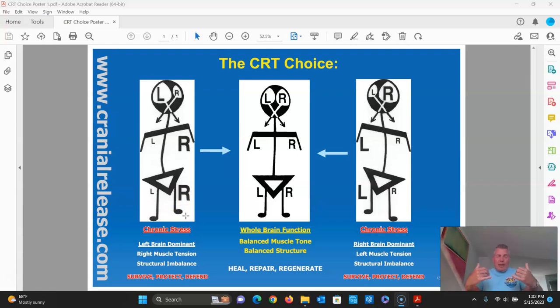I'll then usually turn them in, and the shorter leg will also be the tighter leg, the more restricted leg. So in figure number 1, the right leg will be shorter, and the right leg will be tighter.